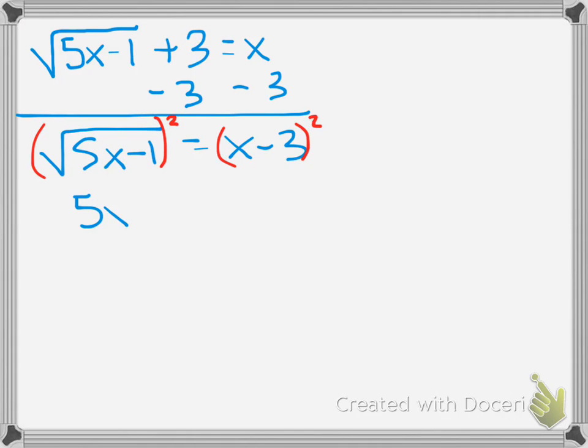That leaves our left side as just 5x minus 1. Correct, George. Be cautious. Remember, when you square a binomial, it doesn't mean you simply square the first and square the last term. You have to FOIL. Because to square something means to multiply it by itself. So we have to FOIL x minus 3 times x minus 3. Let me know when you have an answer for that.